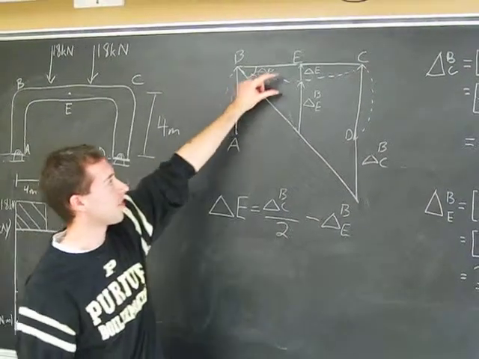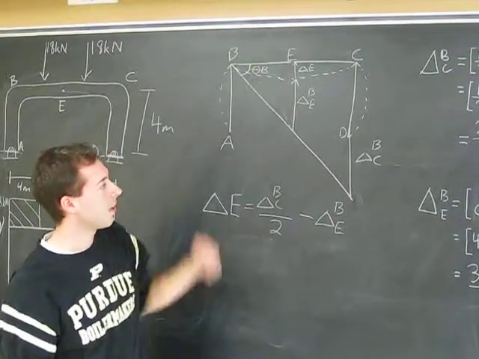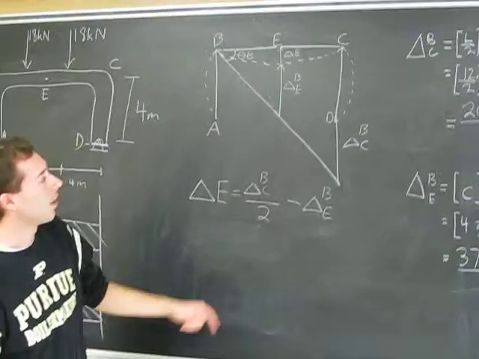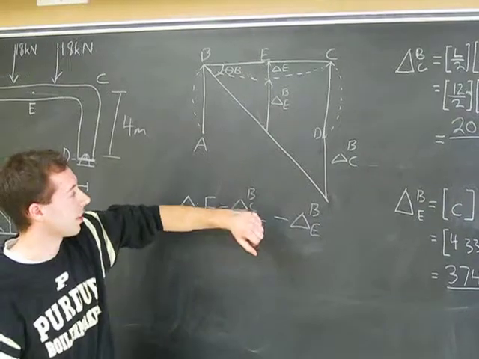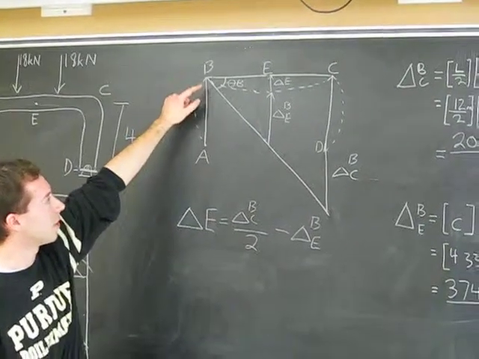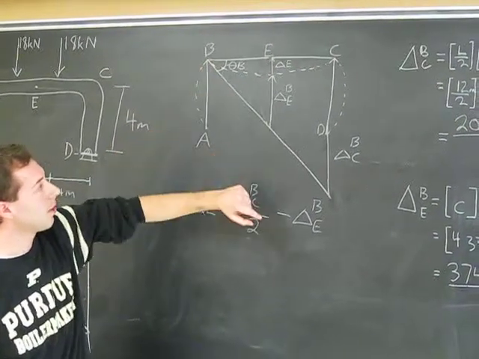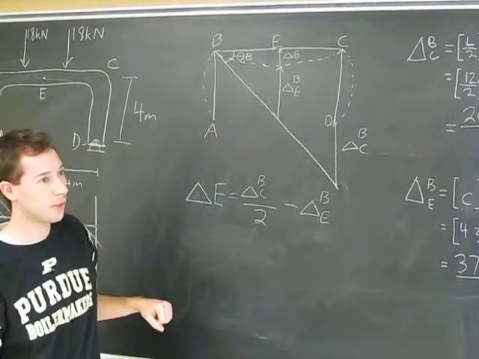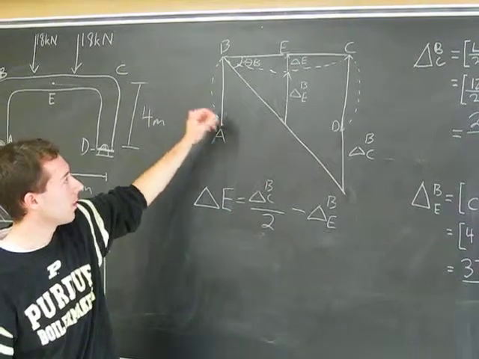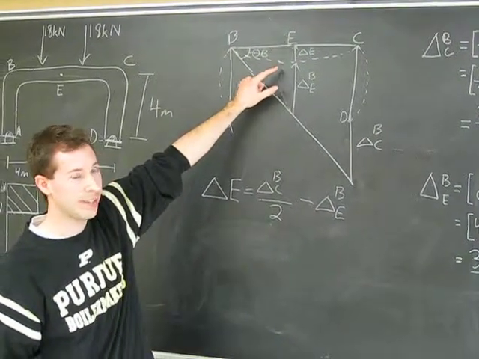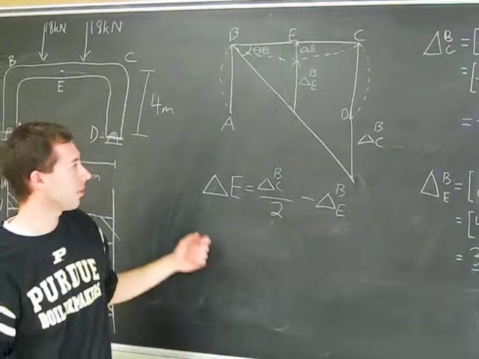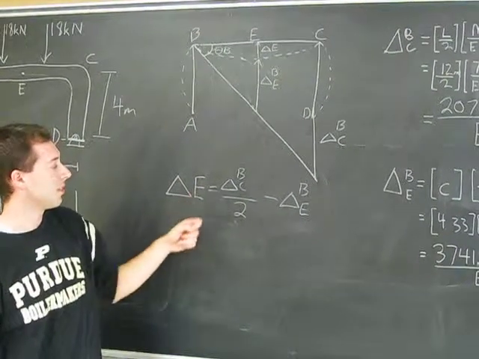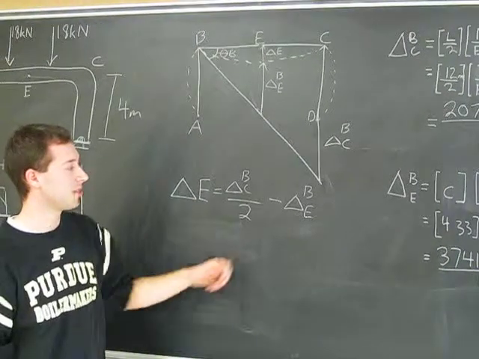We're looking for this distance here, which is delta E. To solve that, we used delta BC, which is the length from the tangent of the position at B all the way up to C, and delta BE, which is the halfway point between B and C, going up to the midpoint at E. And so our final equation is delta E is equal to delta BC over 2 minus delta BE.